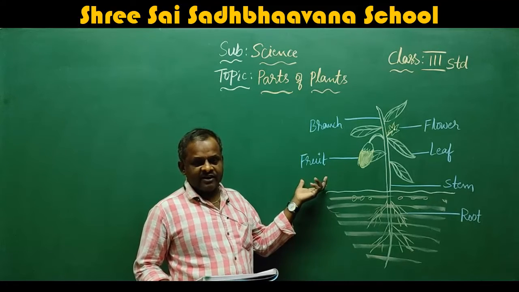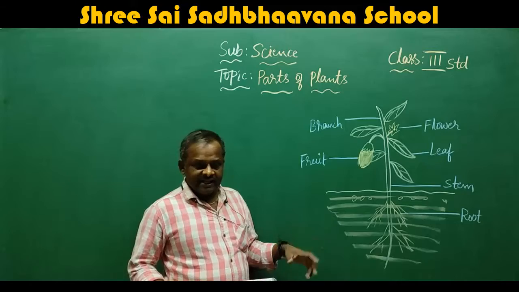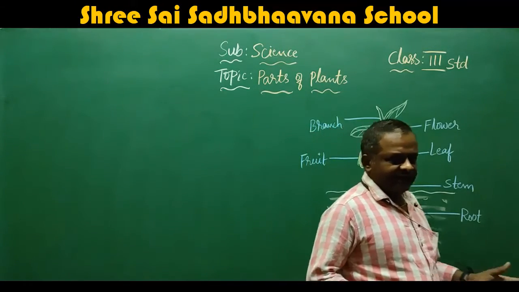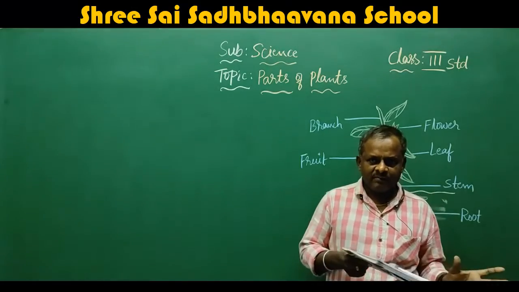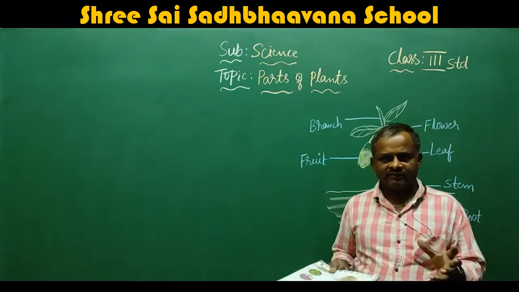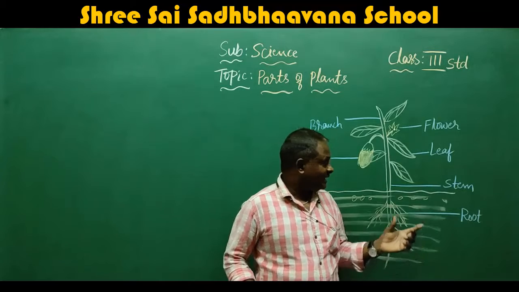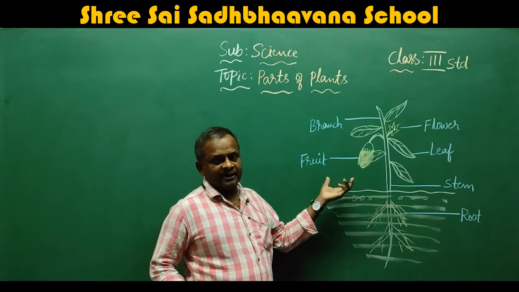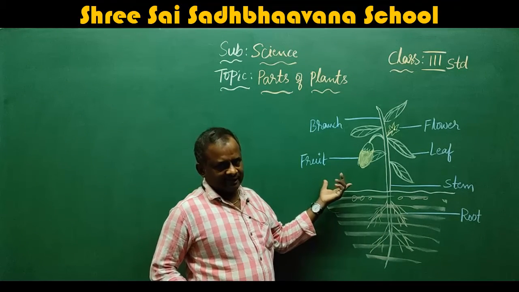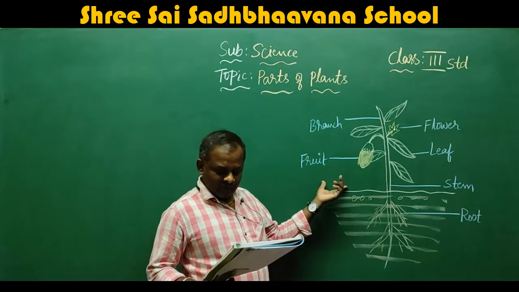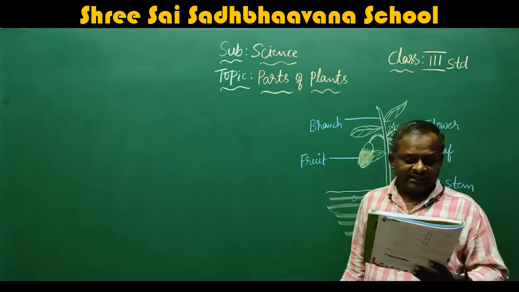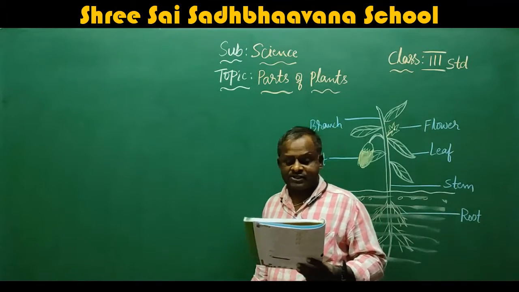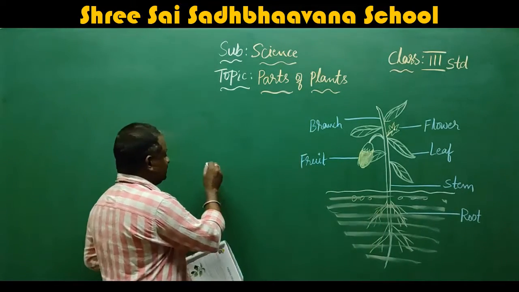In our body, different parts do different work. That means one part does one work, another part does another work. The same way, the parts of a plant also do different works. For what purpose? They work together to help plants survive and grow.